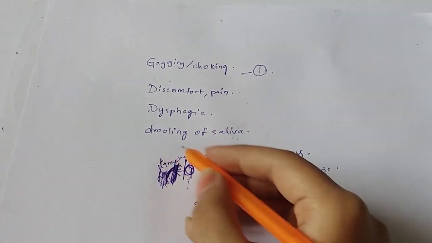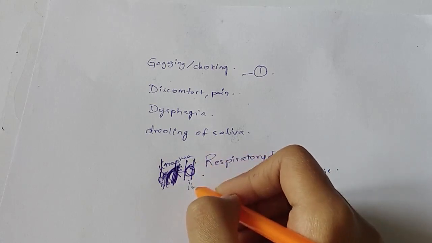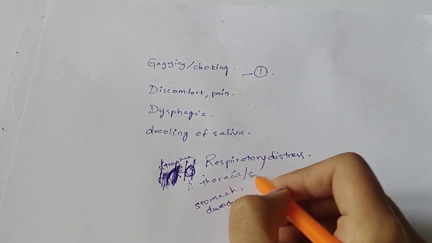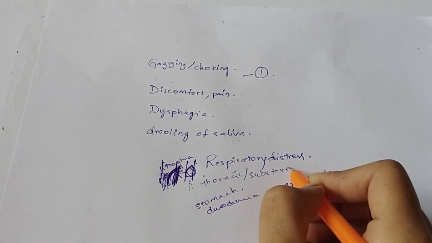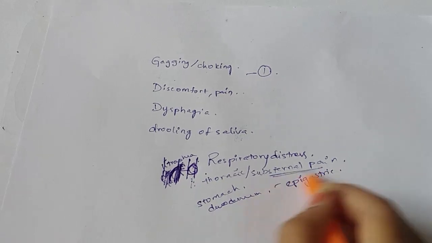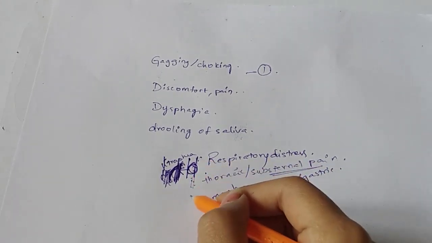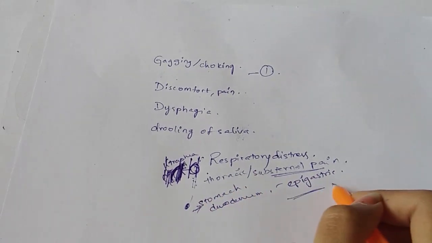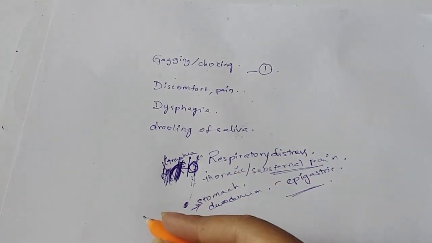Epigastric pain will be there. If it is in the esophagus, there will be thoracic pain or substernal pain. Substernal pain when it is in the esophagus, or in the cardiac end or in the stomach, that will cause epigastric pain.